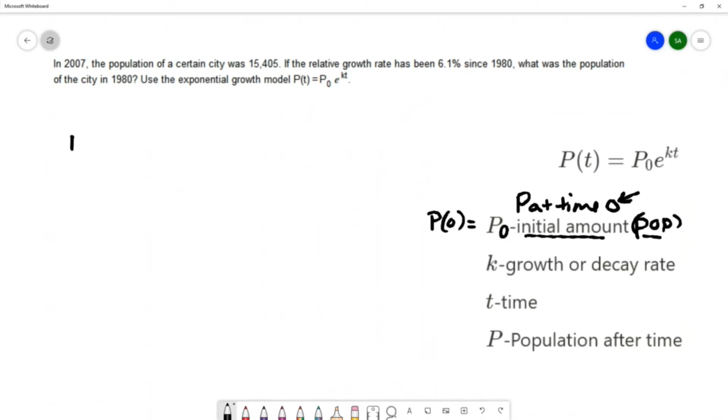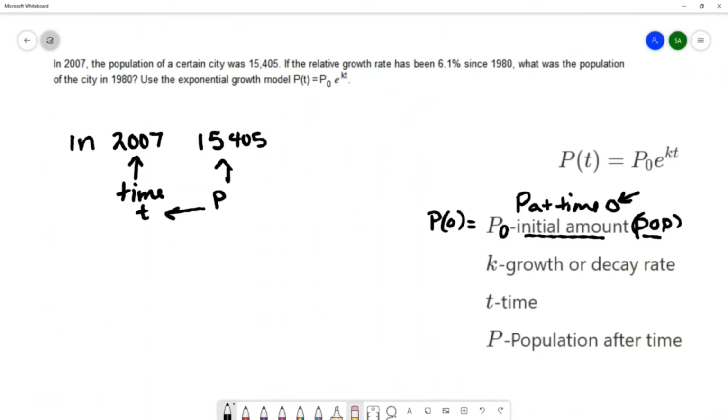So in 2007, we have a population of 15,405. This is a pair of information that goes together. This part is going to help us with the time, t, and this is our population at that particular time.